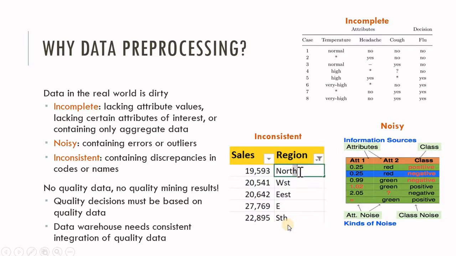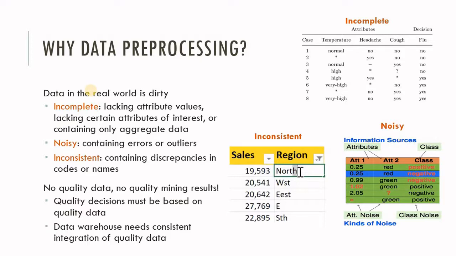Consistent means the format of the data is the same for all. So if we write east, then for all the regions the name will be east. That is why this is called inconsistent data. So in the real world, these are the three main problems: the data is incomplete, noisy, and inconsistent.